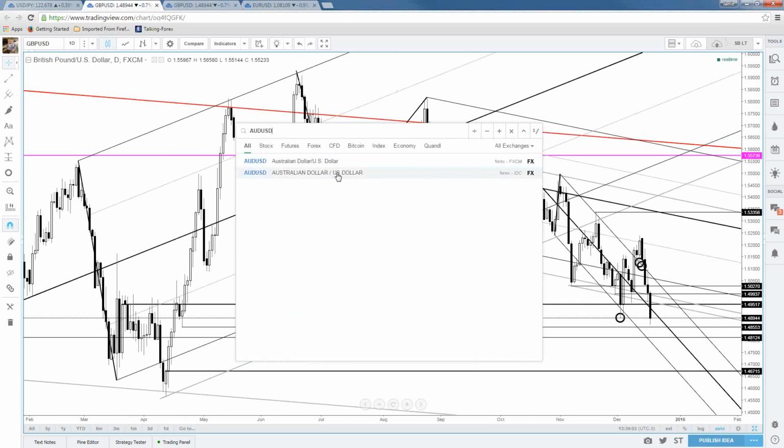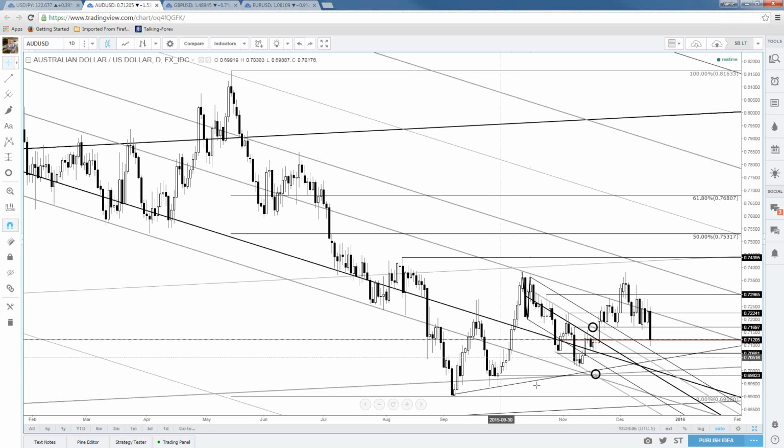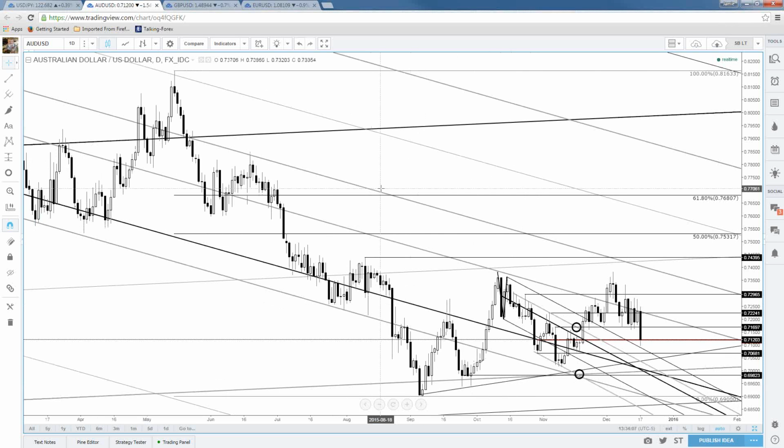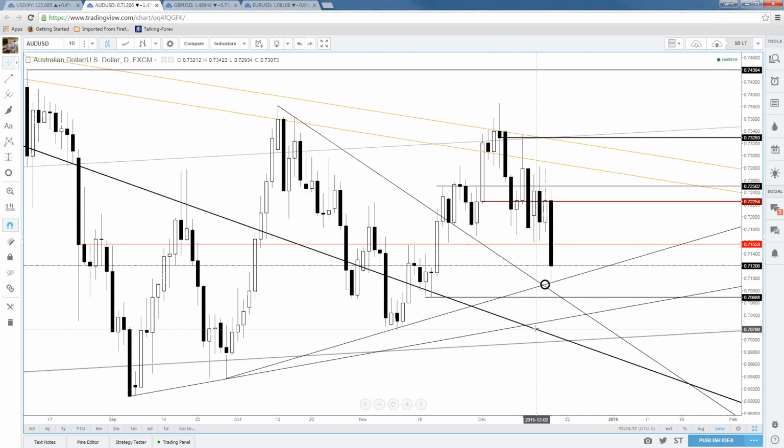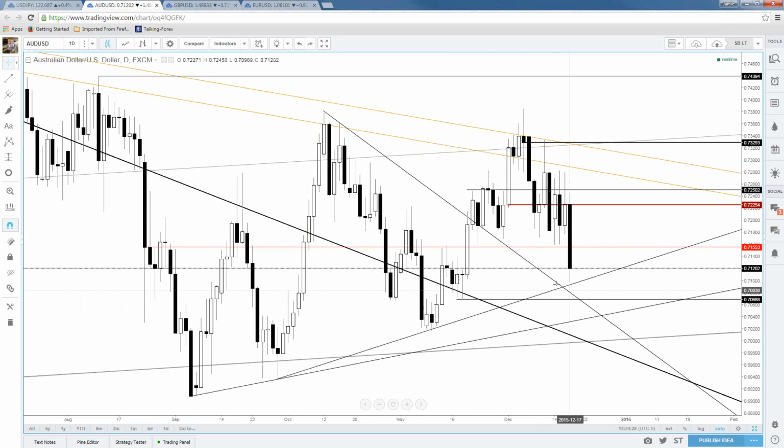The commodity currencies to me are some of the more interesting ones on the dailies right now. So Aussie dollar, we're actually getting really close to a big spot in my opinion. You see this line here, which was a trend line, but it was actually pretty good resistance and then turned support. That line's coming up, basically just below today's low.